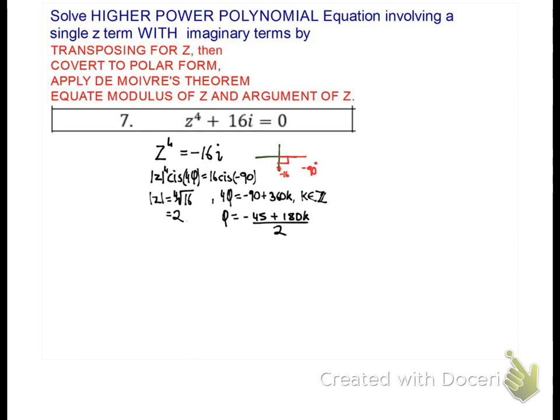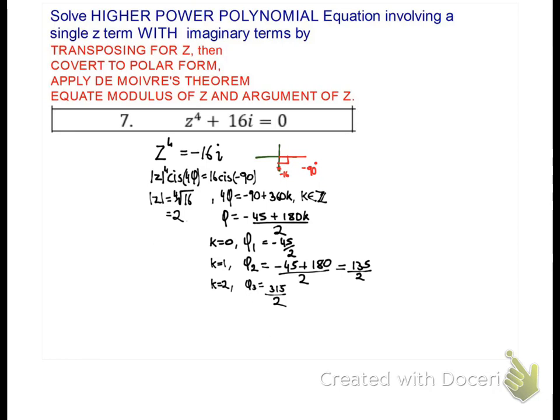And now we're expecting 4 solutions from this 4th degree polynomial. So our solutions are going to be when k equals 0, k equals 1, k equals 2, and k equals 3. And let's substitute the rule and simplify to get our angles.